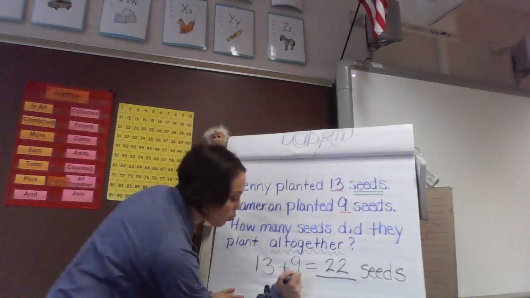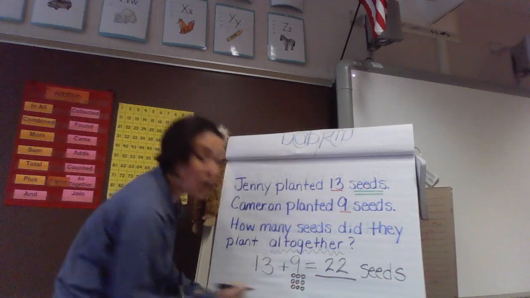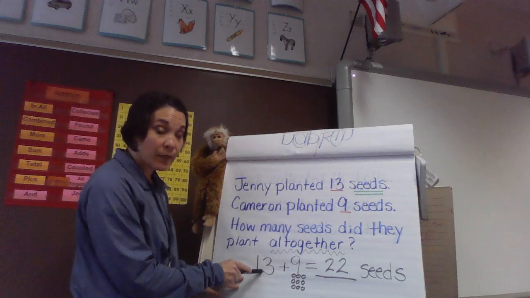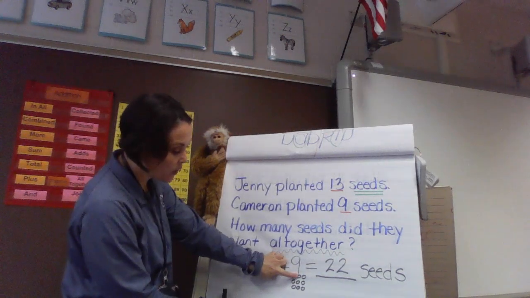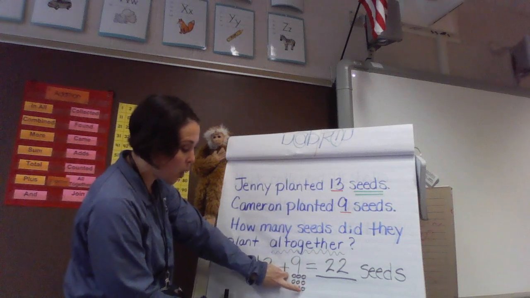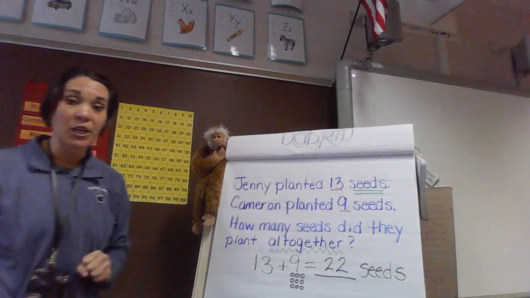So I'm going to do 1, 2, 3, 4, 5, 6, 7, 8, 9. So I could now do 13, and then I could say 14, 15, 16, 17, 18, 19, 20, 21, 22. So therefore now I have 22.